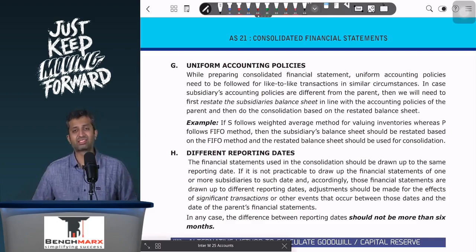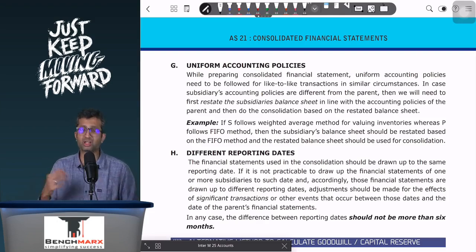However, if the same type of inventory is consolidated, can the same inventory be consolidated as per different accounting policies? The answer is no. You need to follow uniform accounting policies for the purpose of consolidation, and as a result, when you follow these uniform accounting policies, there may be certain changes, and these changes would be reflected in the form of a consolidation adjustment.